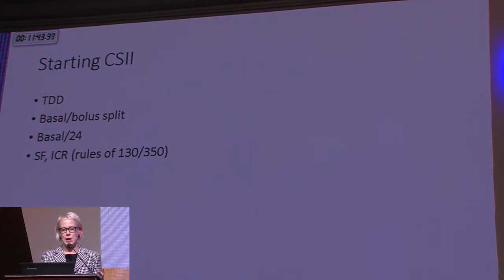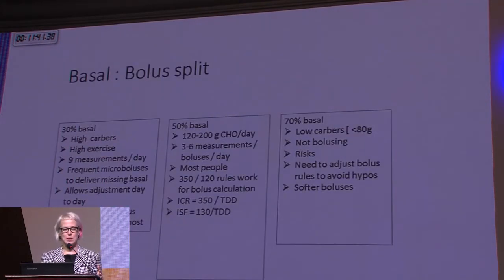It's very easy. Something about the basal bolus split, because it's like physiology. We know exactly that usually we use a 50-50 split, but it's not for everyone. Sometimes we need more basal, for example, for low-carb eaters, and sometimes we need less basal, like 30%, but it's very easy to understand for what reason we can use it.